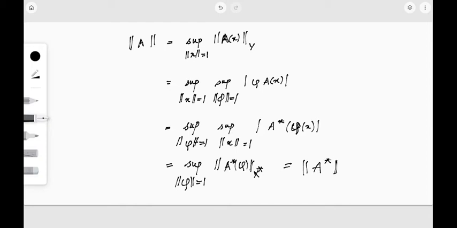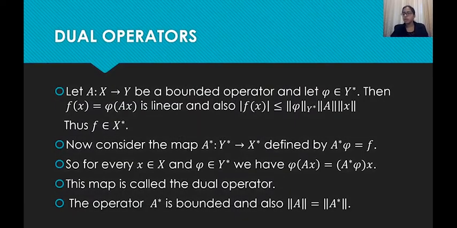So this proof is very much simple. So we are just applying the definition of the norm again and again. Okay, so I hope the concept is clear for you guys. We can easily see that the dual operator and the corresponding operator has the same norm.